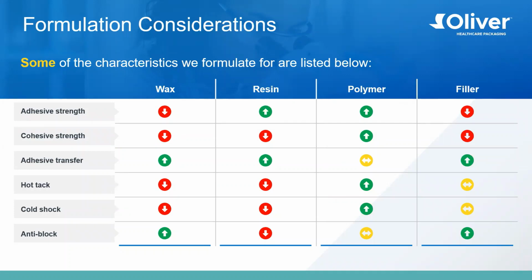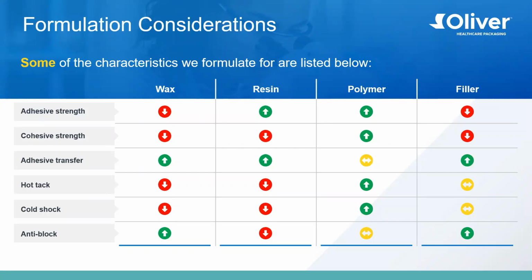And then basically what this table is saying is that we're working with balancing the ratios of these different ingredients to give us different outcomes and characteristics of the coating itself. So this is not all inclusive. It's very simplified, even though it looks complicated. It's simplified even further than reality.